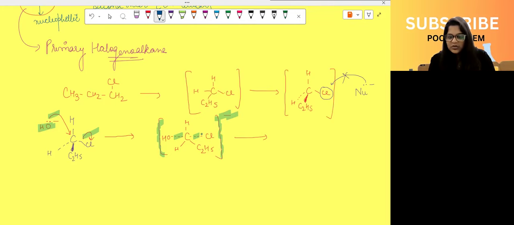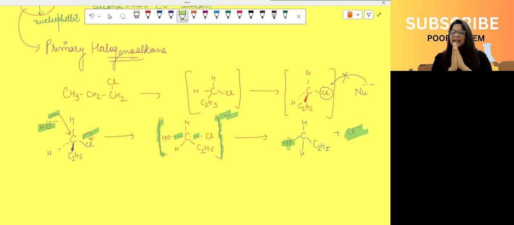Now, finally, what you will show, you will break this particular compound. This is my OH, H, C2H5 plus Cl negative. So I have to show the Cl negative also as a byproduct. Please keep OH on the left hand side only. What happens?